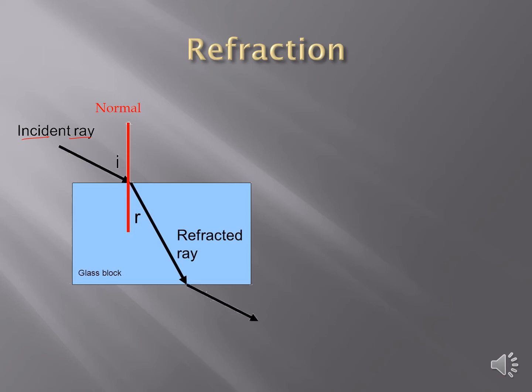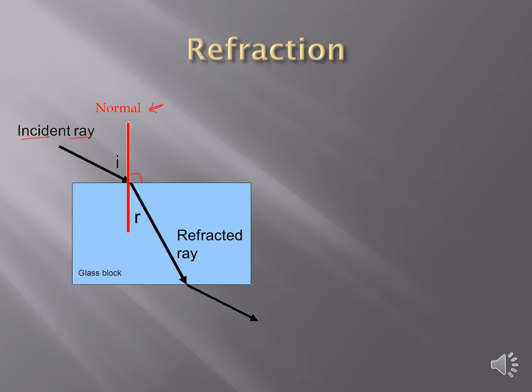The incident ray is the incoming ray from a ray box or perhaps a laser, and it is hitting this glass block, which is the blue rectangle, at an angle. We draw this line, the normal, at 90 degrees to the surface of the glass block. It's fictional, it doesn't exist in real life, but we use it for measuring.